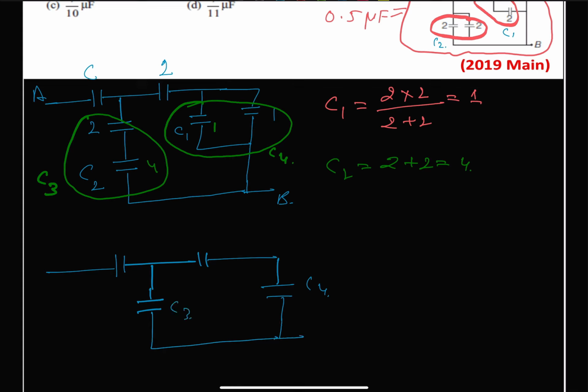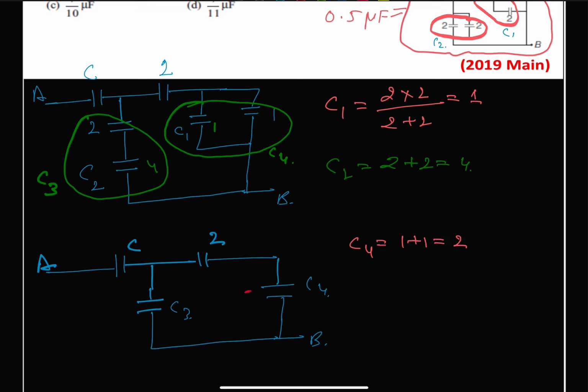This is our C, point A and point B. C4 is a parallel combination of 1 plus 1, so C4 is equal to 2.